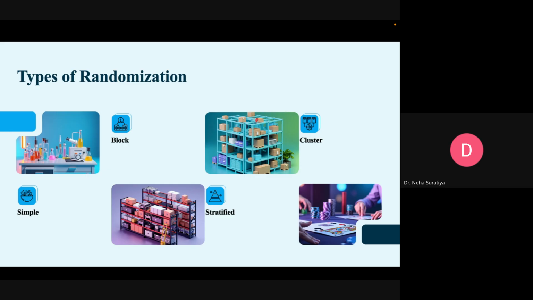To avoid this, we need a second type of randomization, which is block randomization, that is used to maintain equal numbers in each group. That was the side effect of simple randomization. Block means it is used to maintain equal numbers in each group. For example, block size 4.